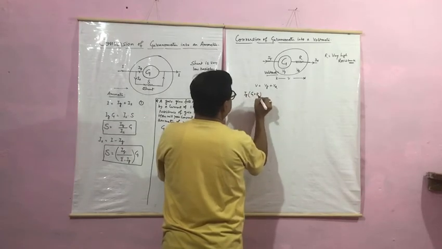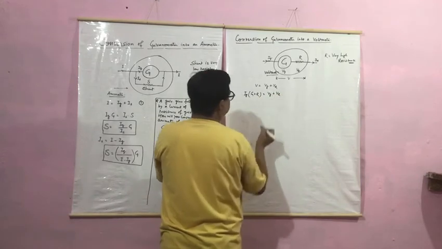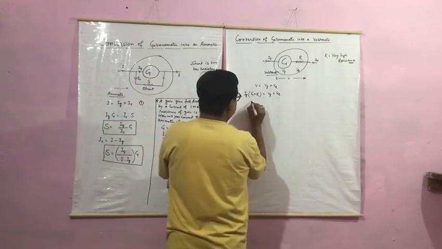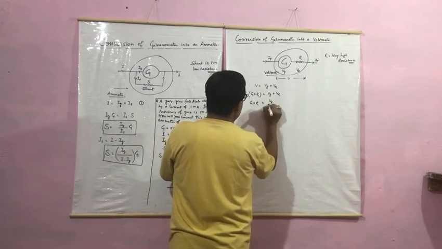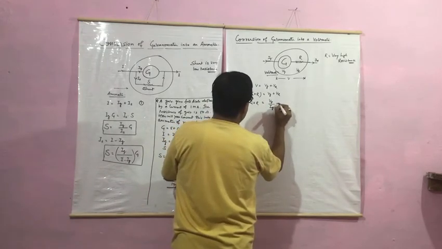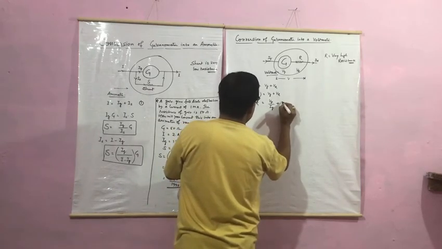This is Vg plus Vr. So we can write G plus R is Vg upon Ig plus Vr, right? And Vr is Ig into R.